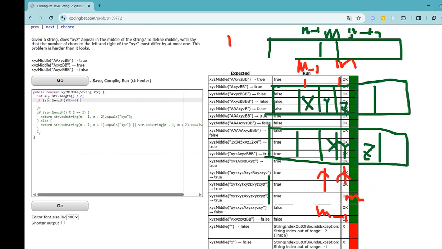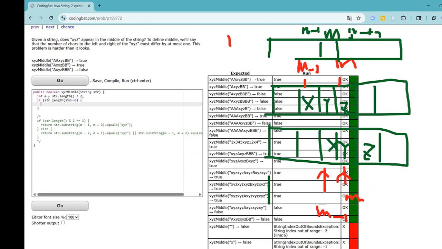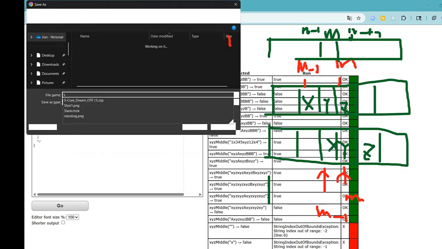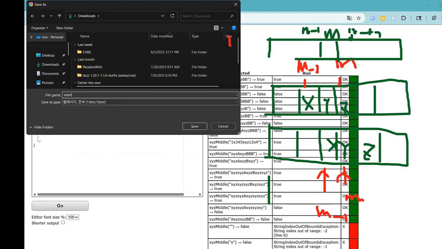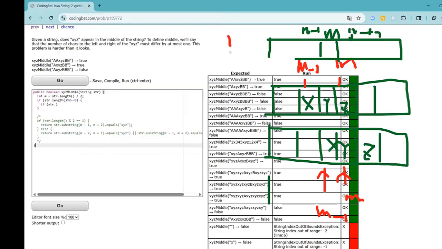And then actually, in this case, if str dot substring. Something wrong. Why this one come up? Can you close it?